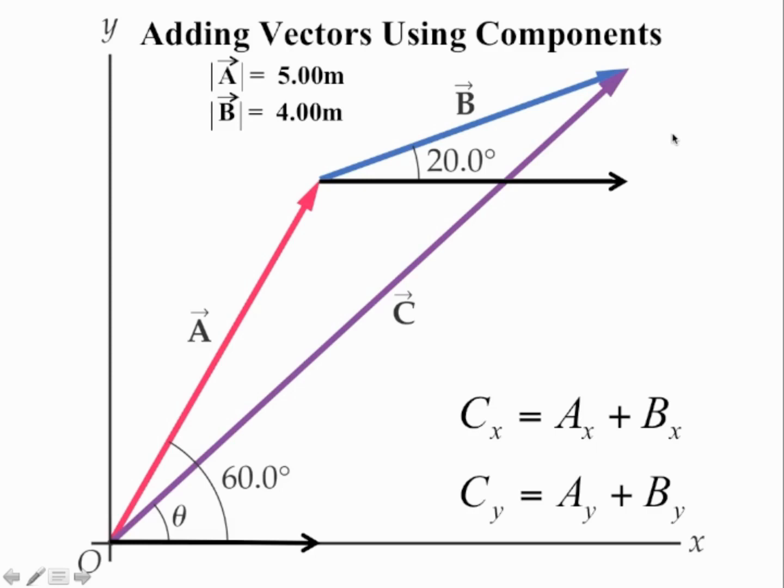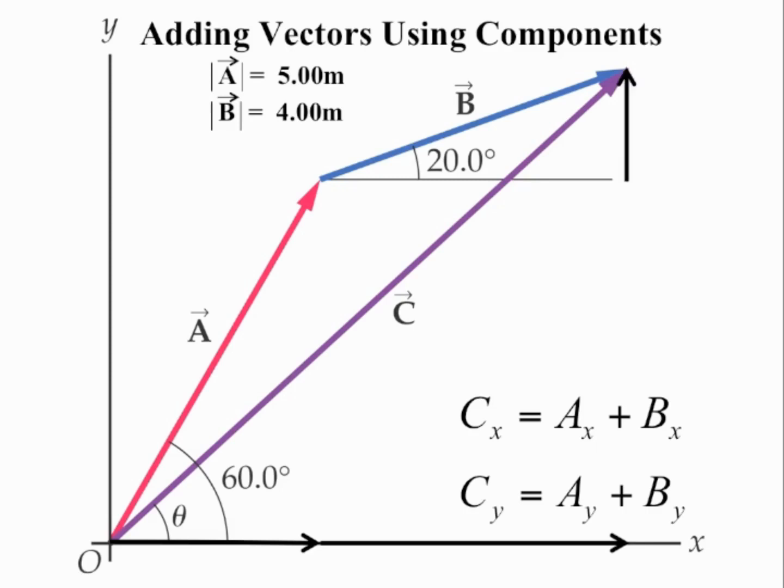Now notice how a sub x plus b sub x equals c sub x with this next move, because I can drop that vector down, and when I drop it down, look how they line up, and we see clearly that a sub x plus b sub x equals c sub x. And you can see how the magnitude of the horizontal component of this purple vector C exactly lines up with a sub x plus b sub x. Now let's do a similar thing with a sub y plus b sub y.